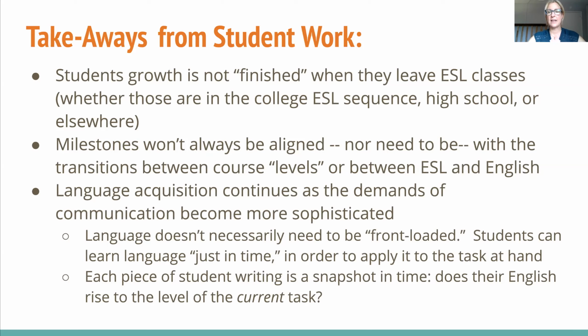We focus really on that question, and why current is in italics is to remember that in supporting these students, we need to think about what we've asked them to do in that moment and what instructional support we've provided to enable them to succeed in that moment, and not worry too much about whether what they're able to do in that moment is enough for what they might be asked to do in 3 or 6 months, right? Because as we can see from these students' work, what they were able to do was enough in the moment, and a couple of months later when they were asked to do more, they did.